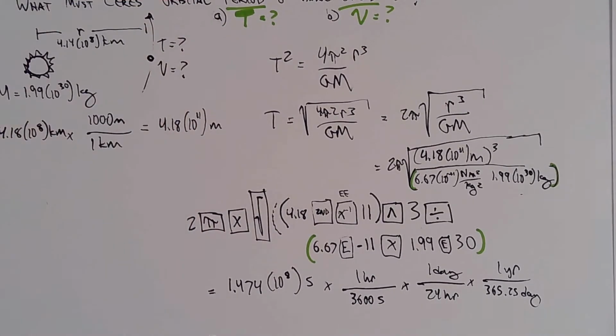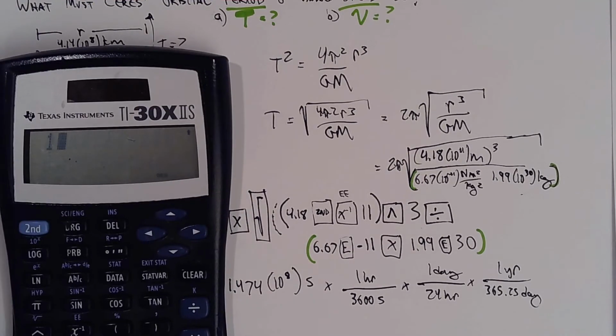So when it's all said and done, how many years is it going to take Ceres to orbit? It should be more than 2 and less than like 8. It should be somewhere in between there, I would imagine. Let's take a look.